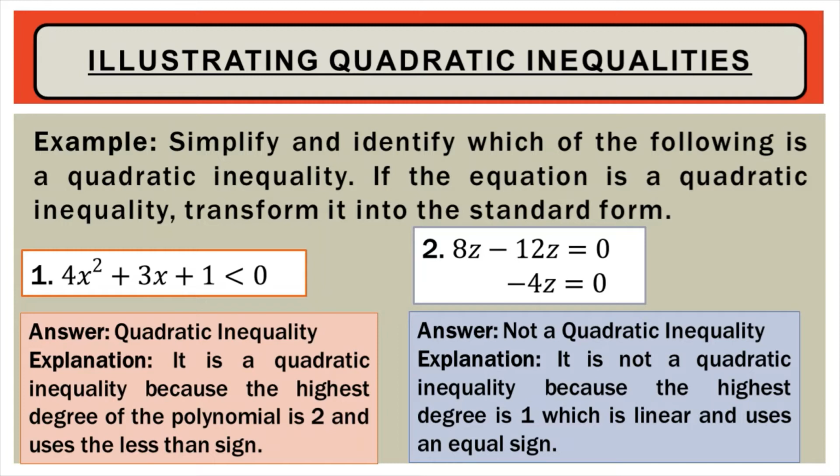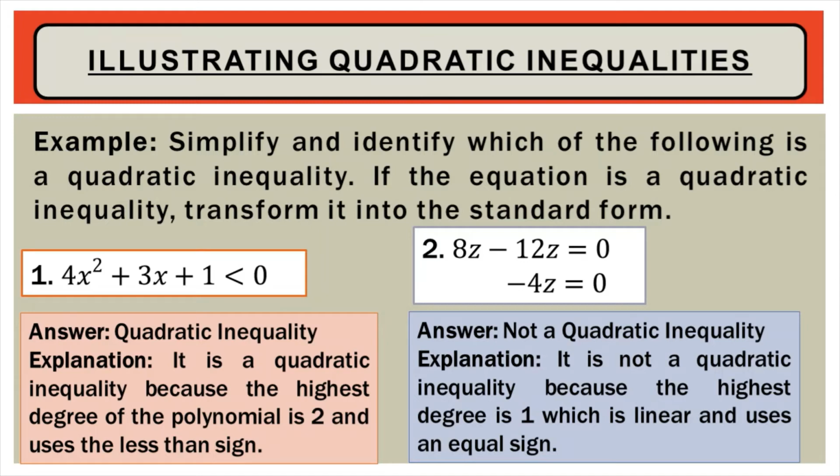For number 2, we have 8z minus 12z is equal to 0. Performing the operation and combining the two like terms, we have negative 4z is equal to 0. For number 2, we know that this is not a quadratic inequality. But why?